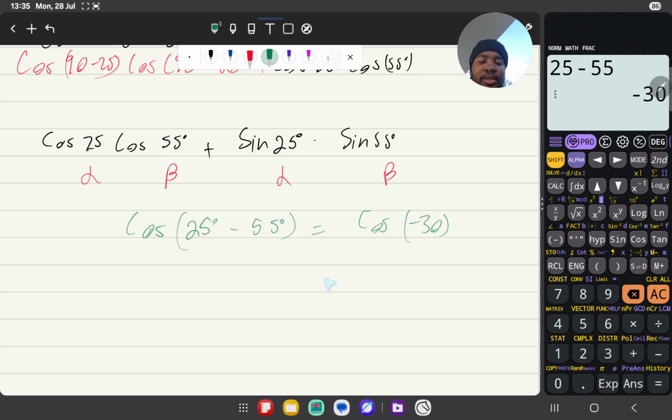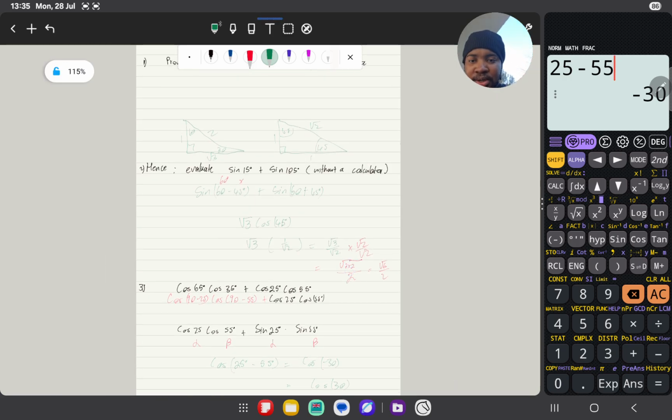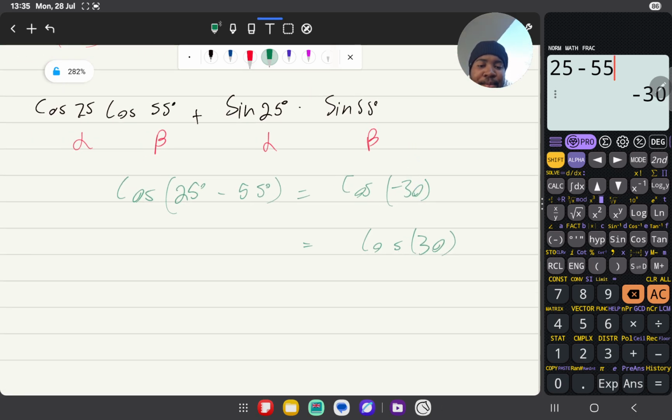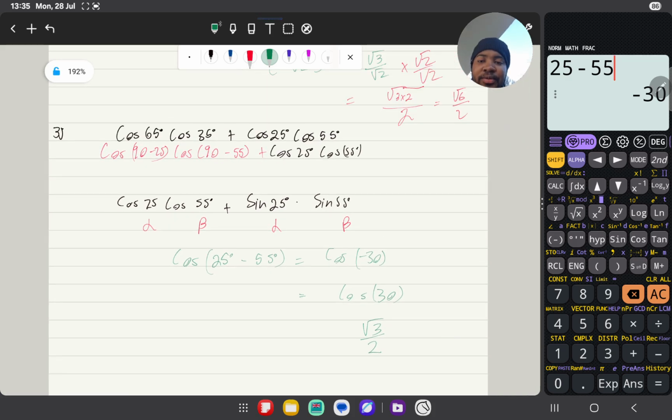And by negative angles, cos is the only one positive, so you have cos 30, and cos 30 is equal to adjacent, square root of 3 over 2.